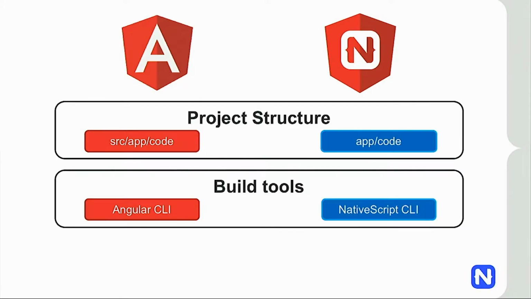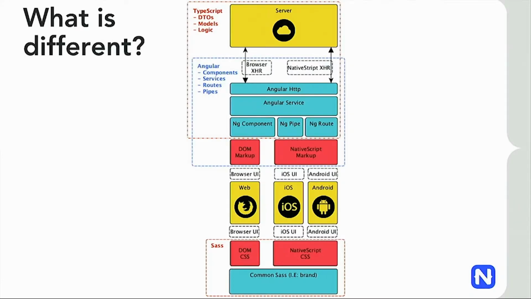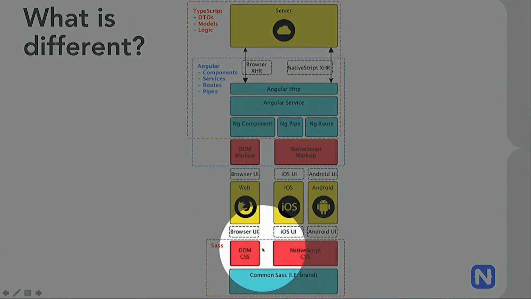And then the biggest difference really is the UI. So your web components or mobile components and your styling is actually different. So this is basically where the biggest difference sits. But then from the bigger point of view, we have the CSS, which is different, but it can derive from the same Sass file.